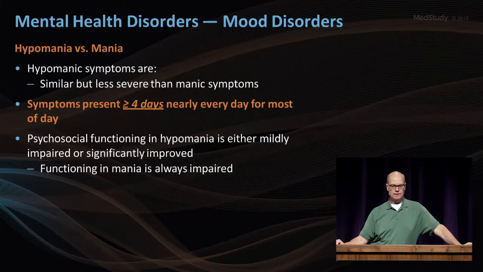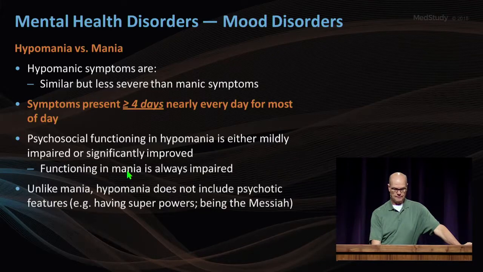If you talk to some patients who have hypomanic episodes, they'll describe those as their most productive. So it doesn't necessarily interfere with functioning, whereas functioning in mania is always impaired. So that's another way to differentiate these two. How long have the symptoms been present, 4 or 7? And how much or how little is functioning impaired.